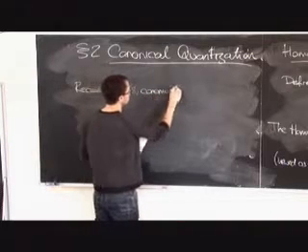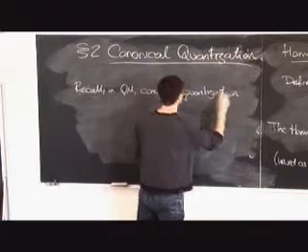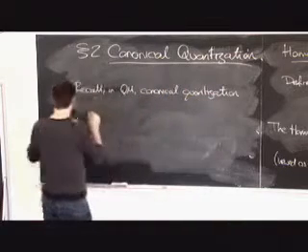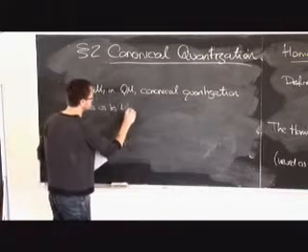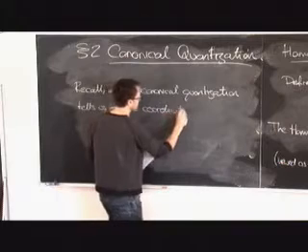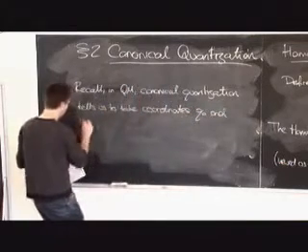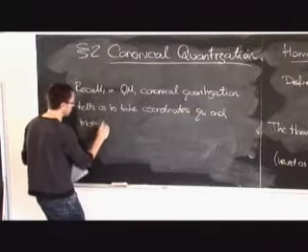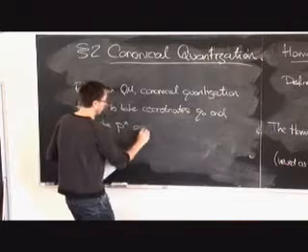canonical quantization tells us to take coordinates and momenta, so the coordinates I'll call Q and the momenta I'll call P, and promote them to operators.